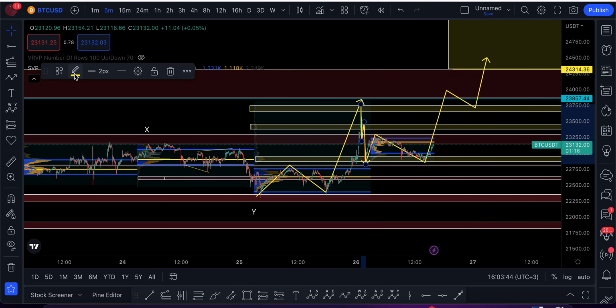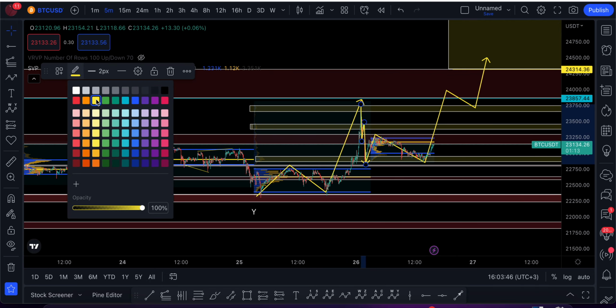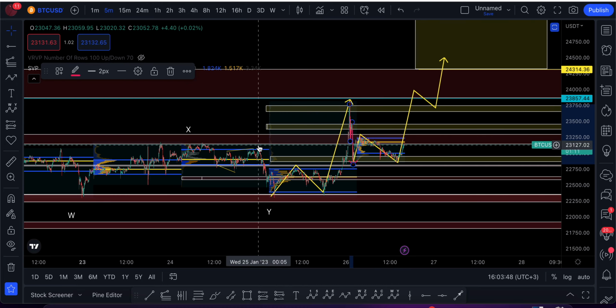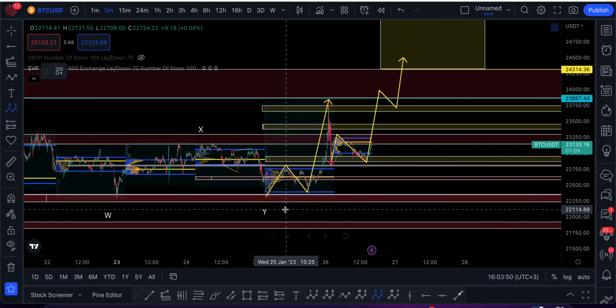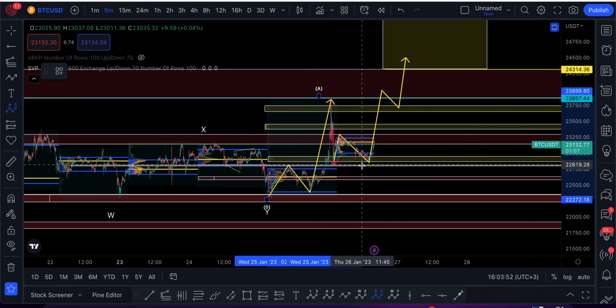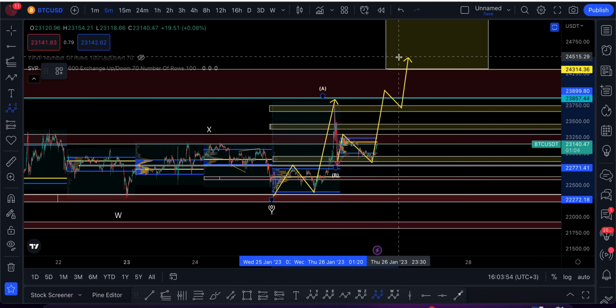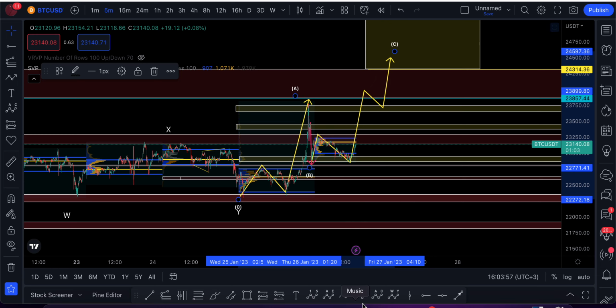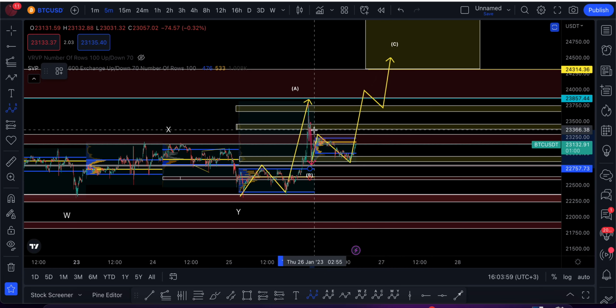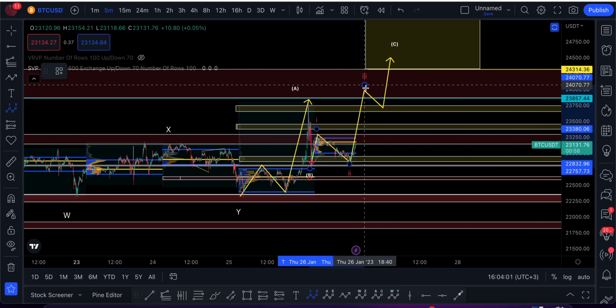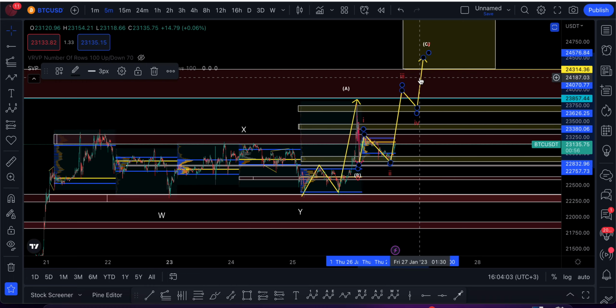So I'll mark it something like, let me mark it pink. So this could be some sort of A, we have our B there, and C. And this C leg will have in it 1, 2, 3, 4, and a 5.